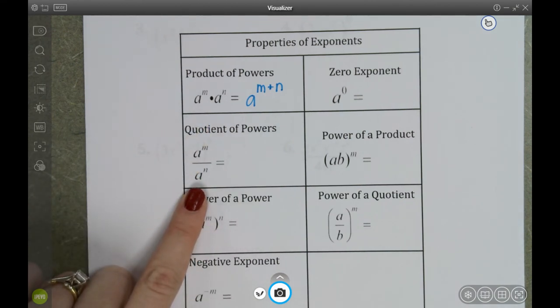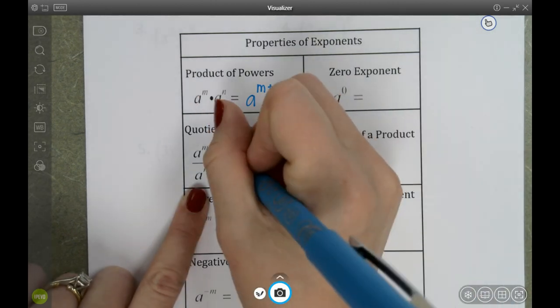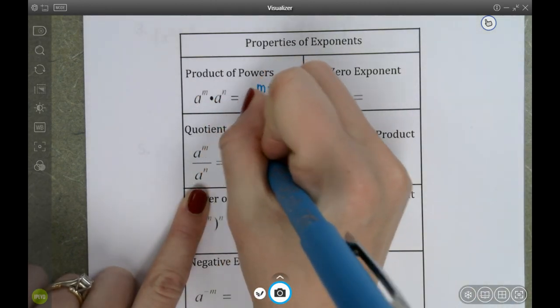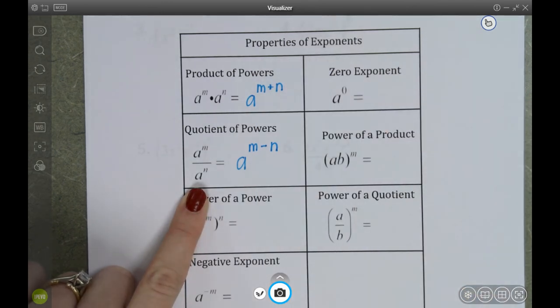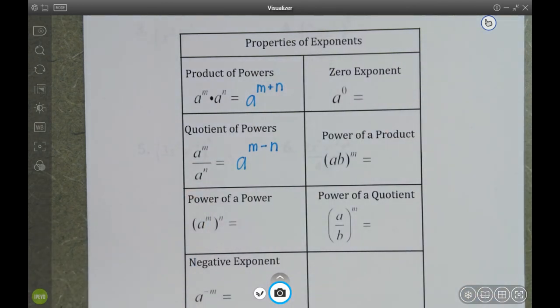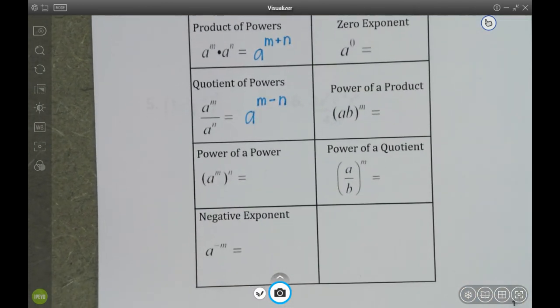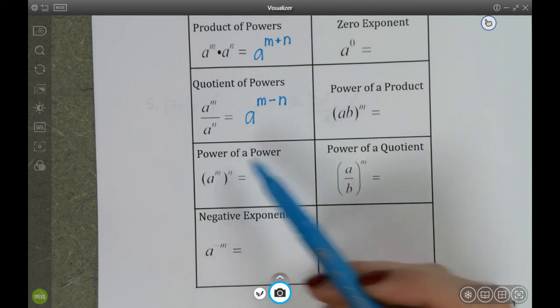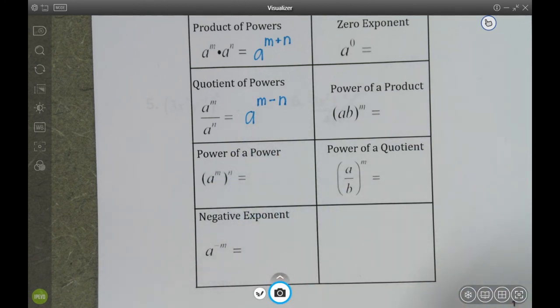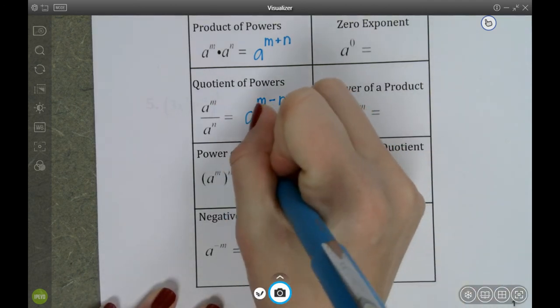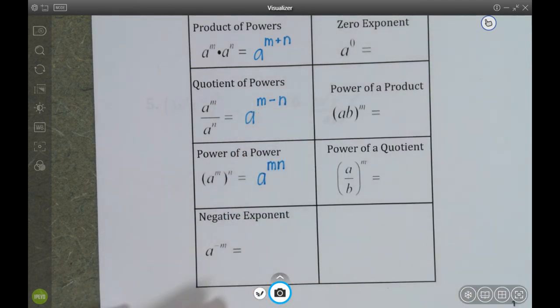When we were dividing, we could subtract the exponents, so a to the m minus n. Anybody remember what you do when you raise a power to another power? Yep, you multiply them. So mn, or m times n.